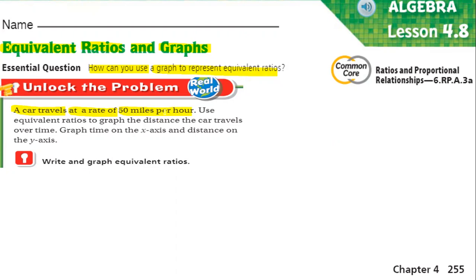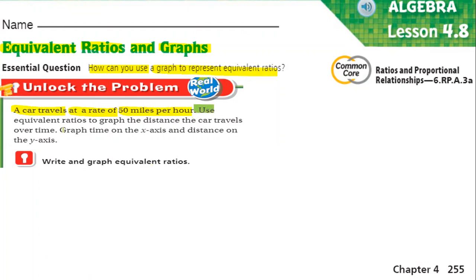When I ask you, what is the rate of the car traveling? 50 what? You must complete your answer. 50 miles per one minute or per one hour? Hour. So 50 miles per hour. Okay, complete.